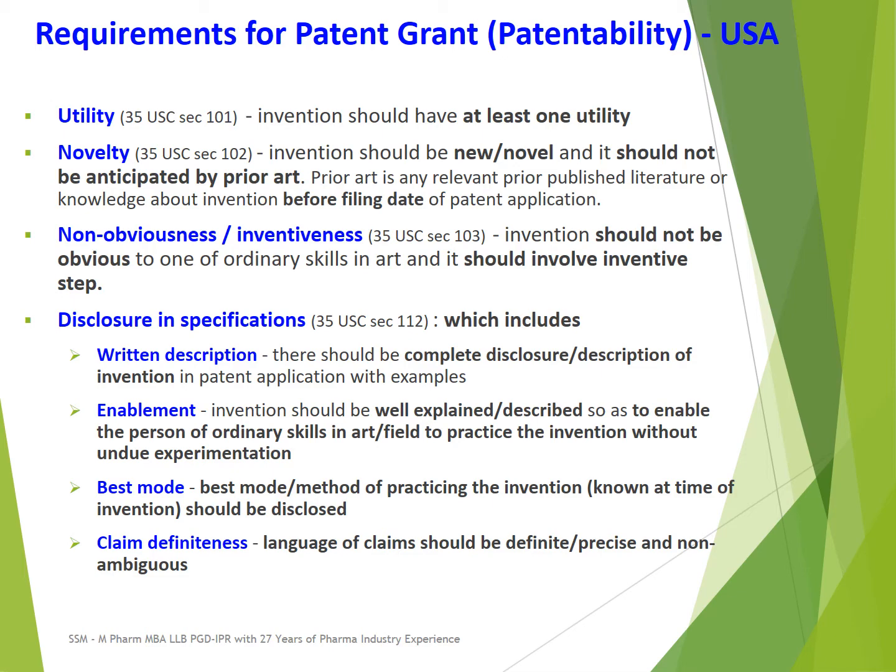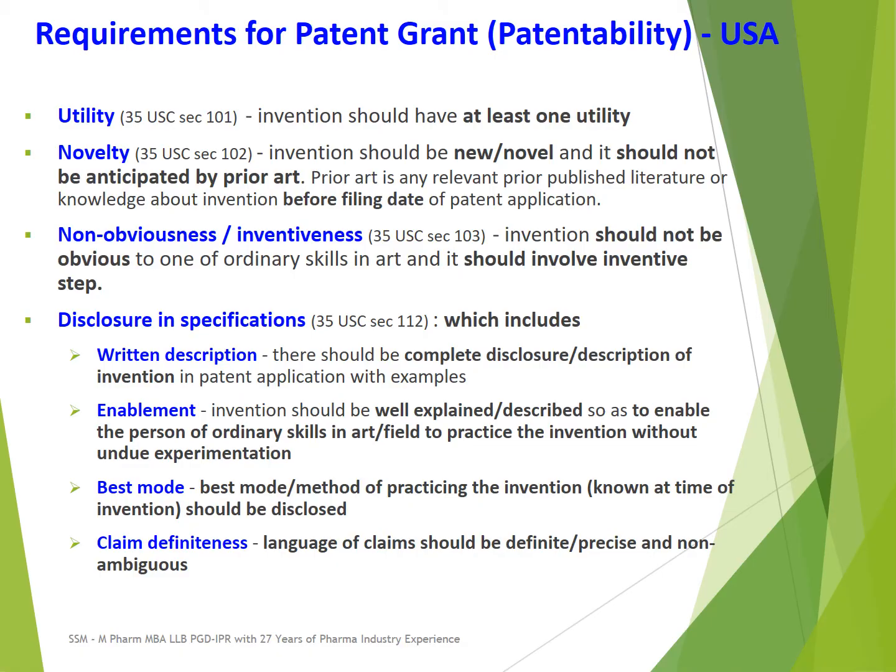enablement, best mode and claim definiteness. So first requirement is utility. Invention should have at least one industrial utility. Next requirement is novelty. Invention should be new or novel. It should not be anticipated by prior art reference.